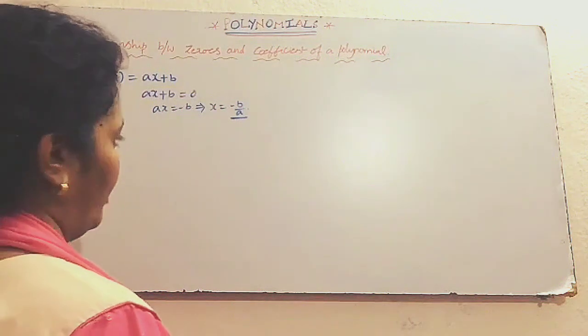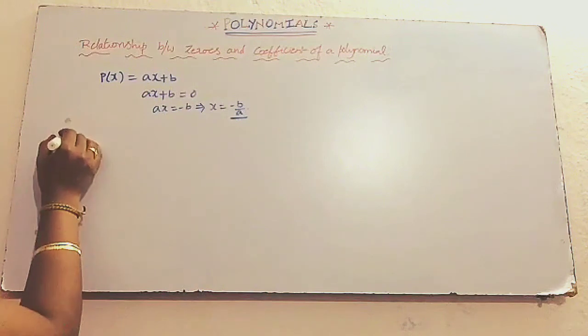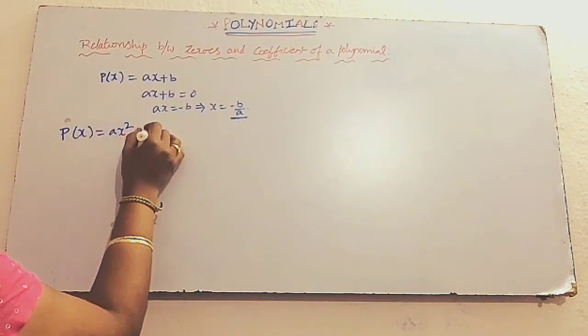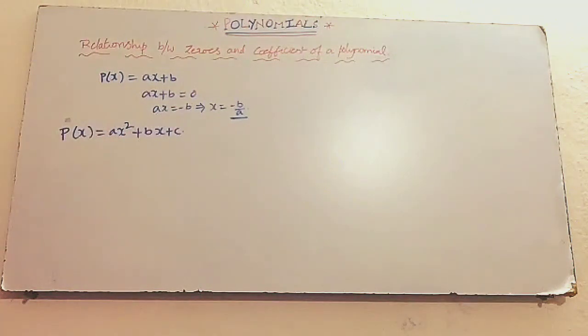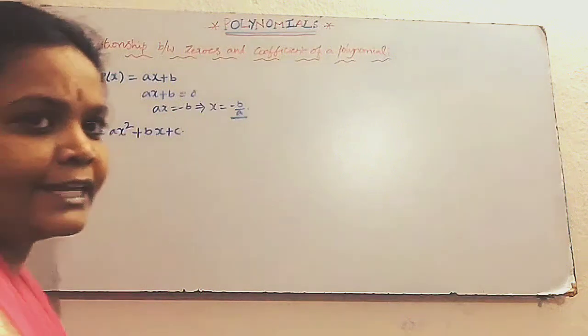Now for a quadratic polynomial, that is p of x equal to ax square plus bx plus c. This is a quadratic polynomial. First we will show one example.